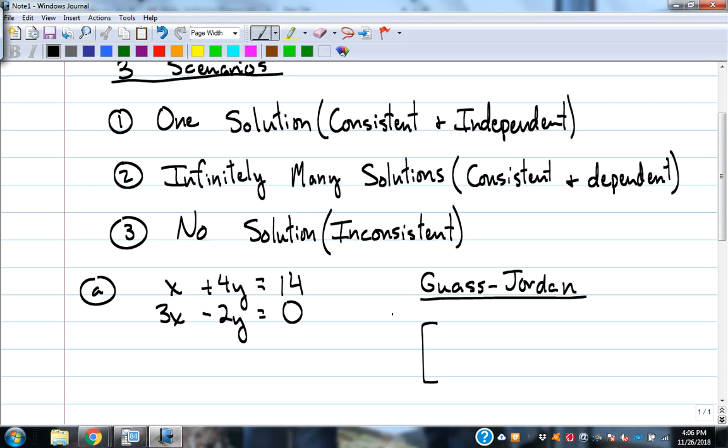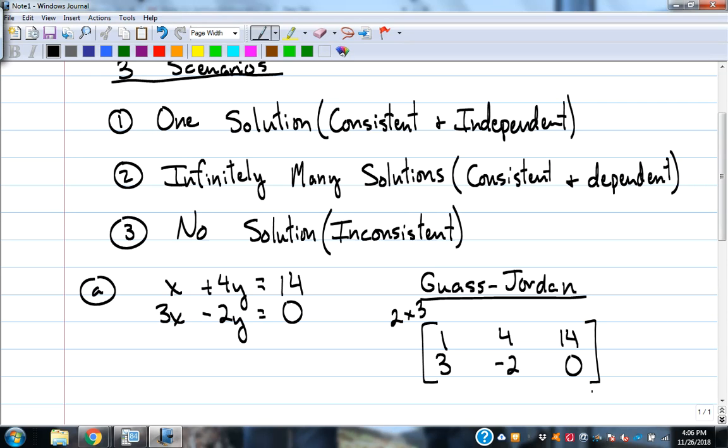So what you're going to do is set up a matrix, a 2x3 matrix, and the coefficients and the constants are going to be your rows and columns. So the first equation creates the row 1, 4, 14. And then the second equation creates a row 3, negative 2, 0.